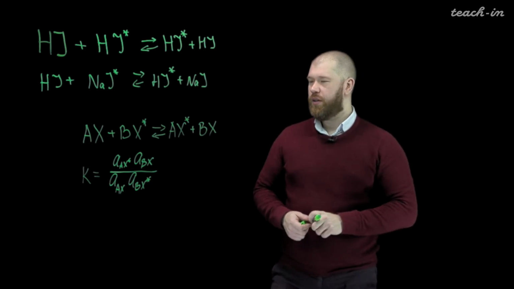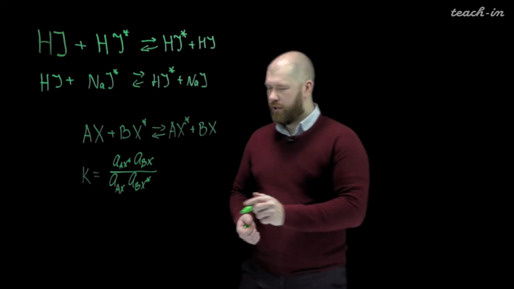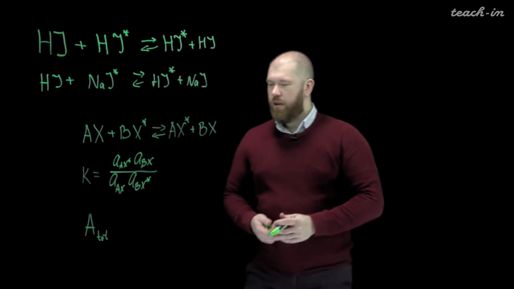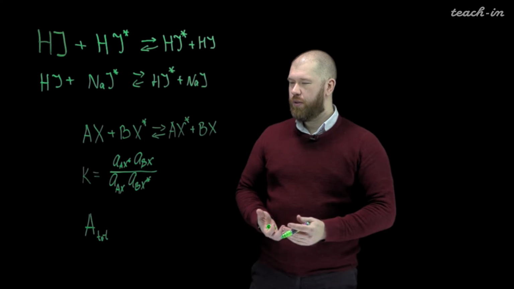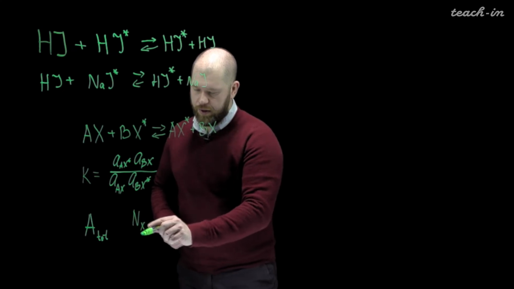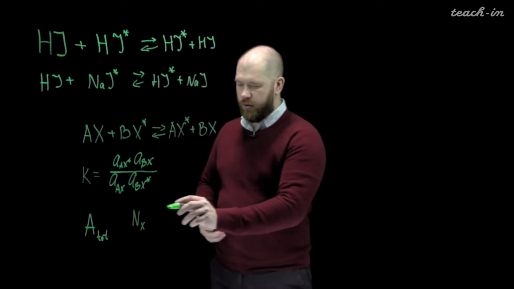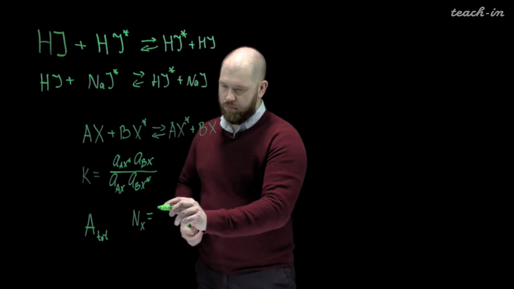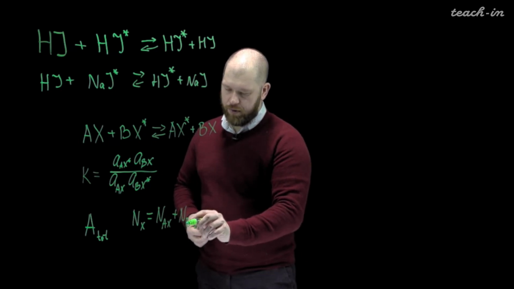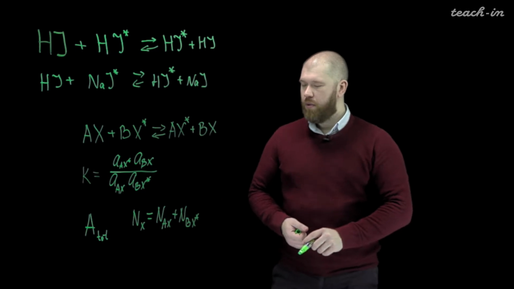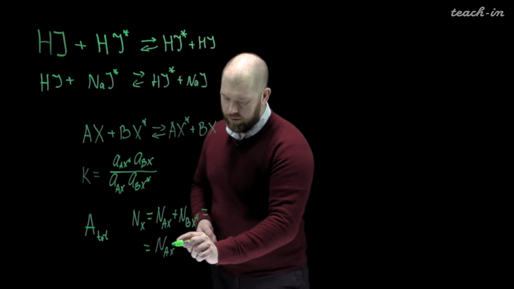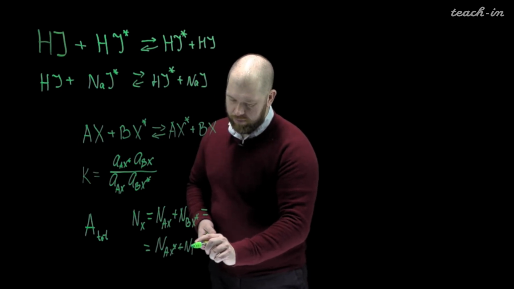How to express it? If we know the total amount of activity, A total, and we know the number of X atoms, so number of X as an element, so it will be a number of AX, for example, plus number of BX. Or the same, it will be a number of AX labeled plus number BX.